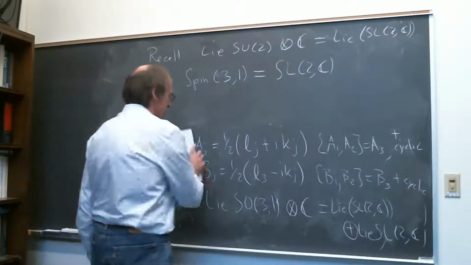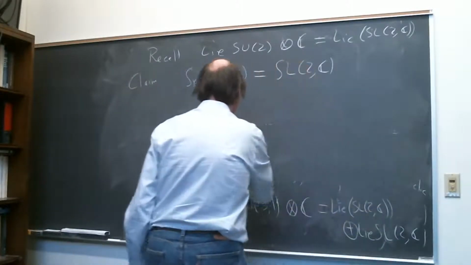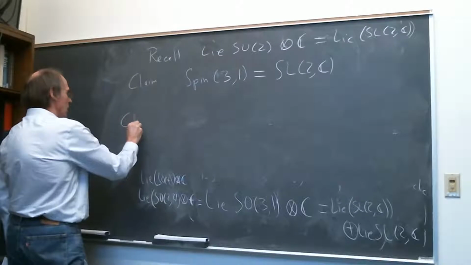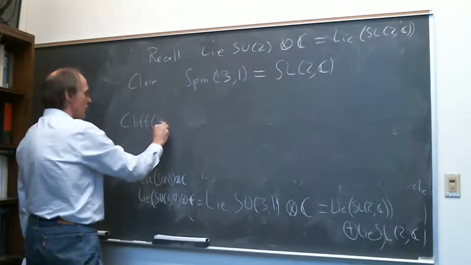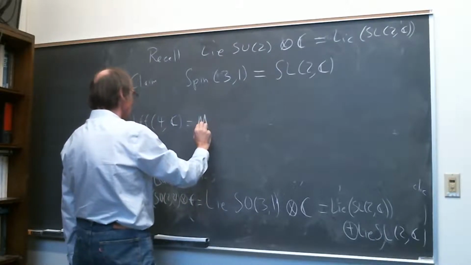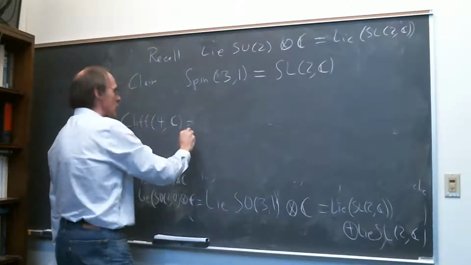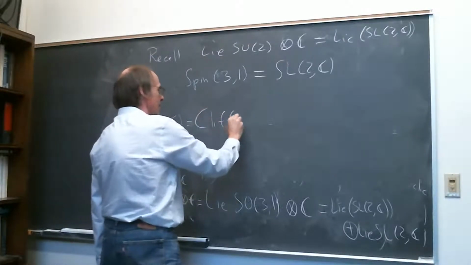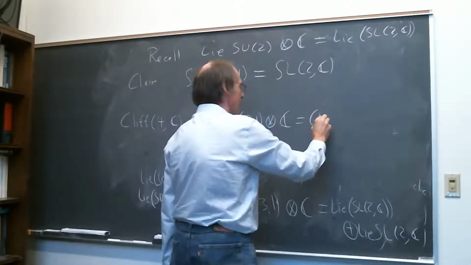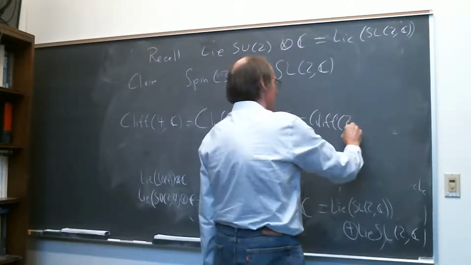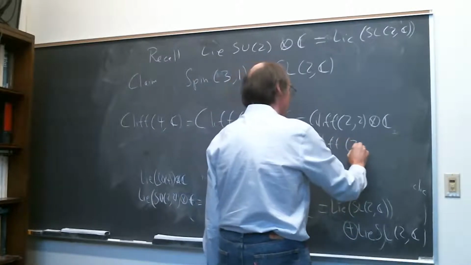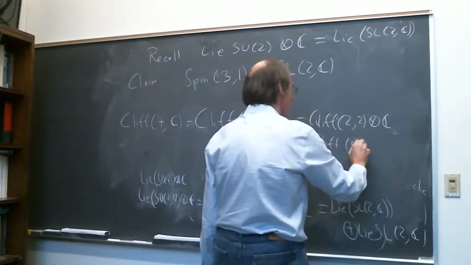You found that the Clifford algebra of C^4 was what you got if you took Cliff of 3-1, or Cliff of 2-2, or 4-0.